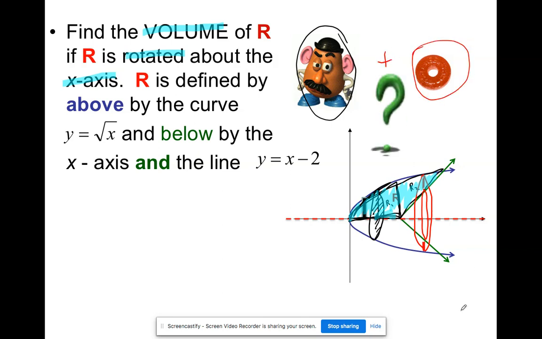So you need to add those two together. So I'm going to stop at that number. What do you think that number is, though? That's the x-intercept of x minus 2, right? So that's going to be 2.